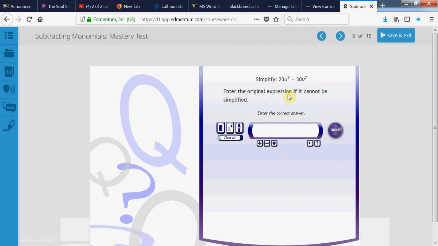We subtract and get 7, but negative 30 has a larger absolute value than 23. So since it's 30, we're going to take its sign and affix it to the result. Negative 7u raised to the 7th power. I didn't do that right.